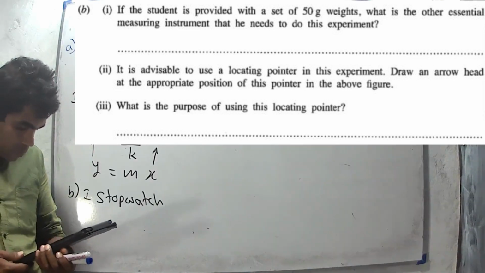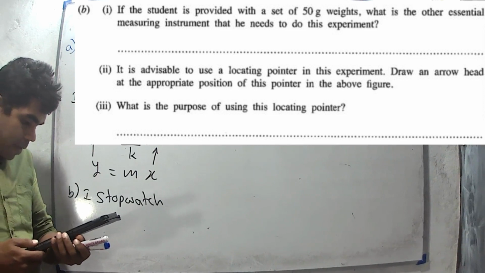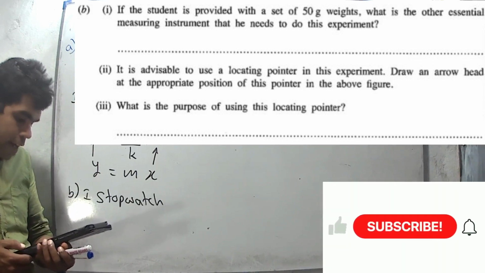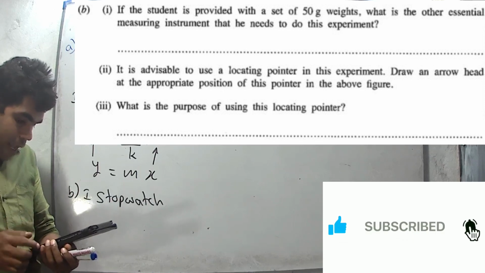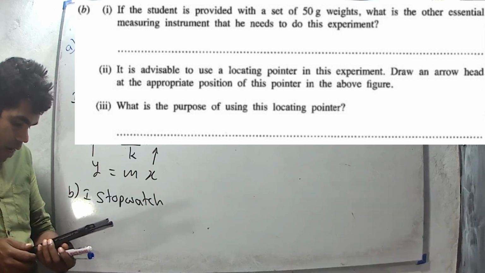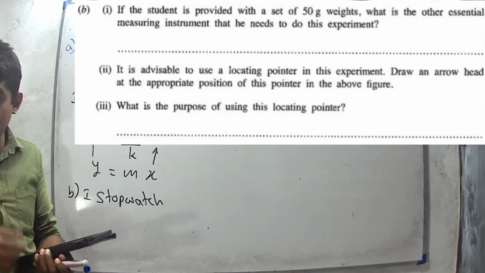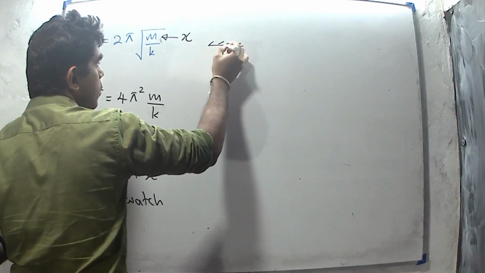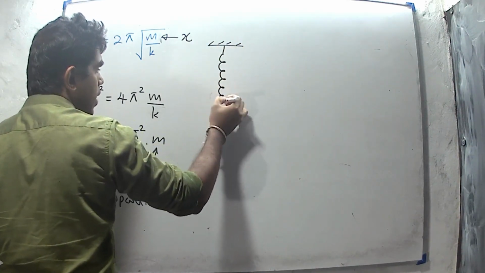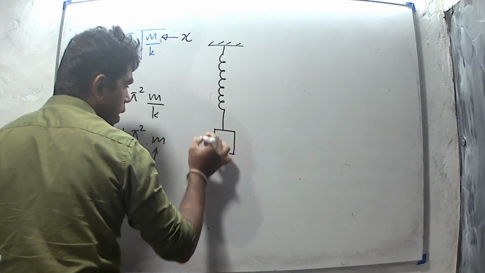Part 2, it is admissible to use a locating pointer in these experiments. Draw an arrowhead at the appropriate position of the pointer in the above figure. I will draw the figure. There is a spring and this is the mass m.